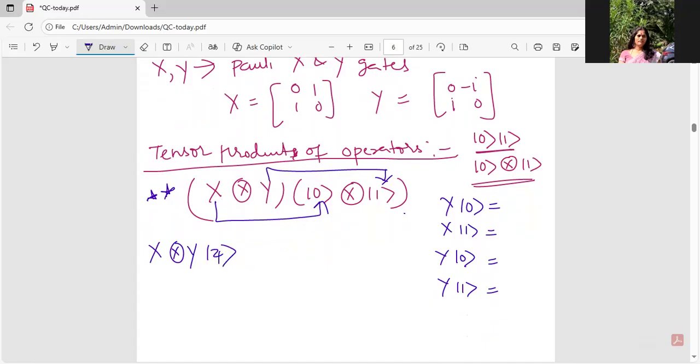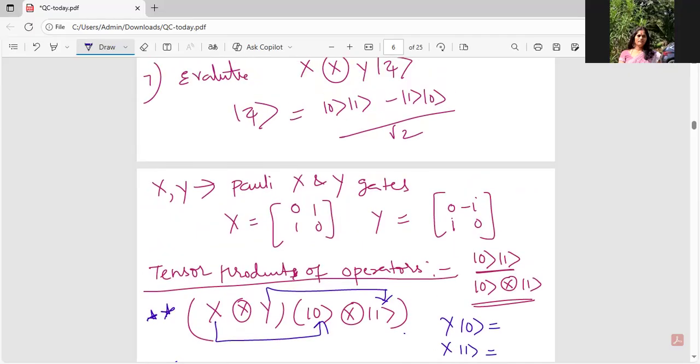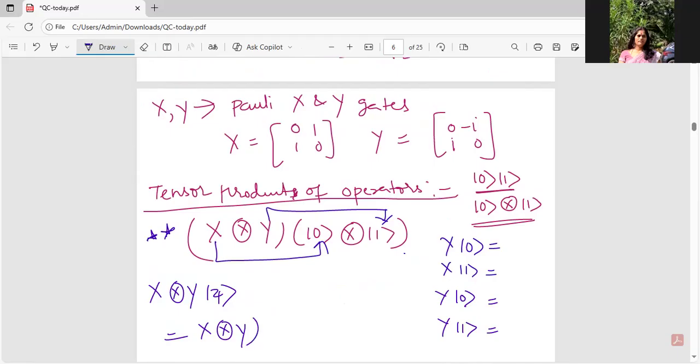Now, what's X tensor Y? Let's see. Ket xi is given as 0 1 minus 1 0. So I will write it like this: X tensor Y on ket 0 tensor ket 1, minus X tensor Y on ket 1 tensor ket 0.